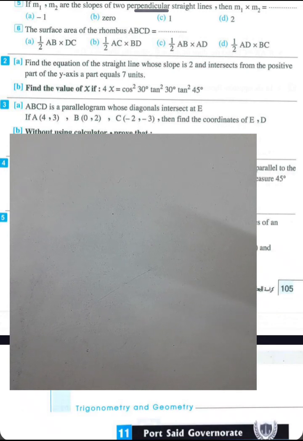Next example, you want to find the coordinates of E and D in this question. We have ABCD, a parallelogram whose diagonals intersect at point E. I will draw this example. We have a parallelogram.